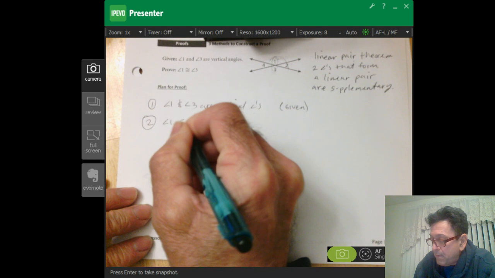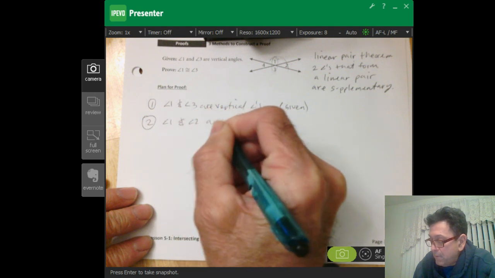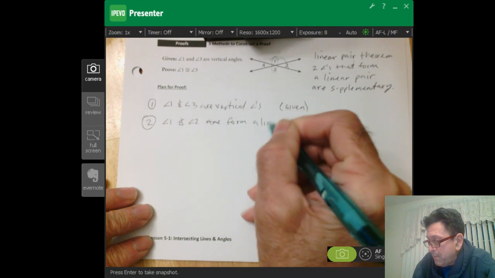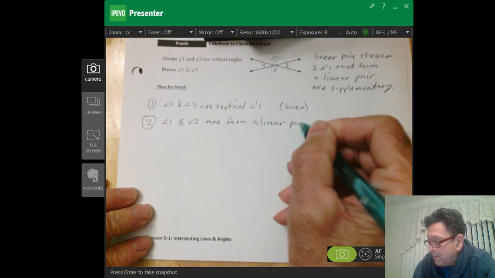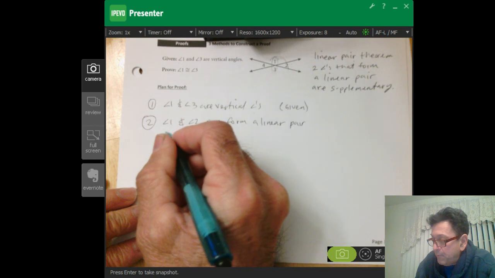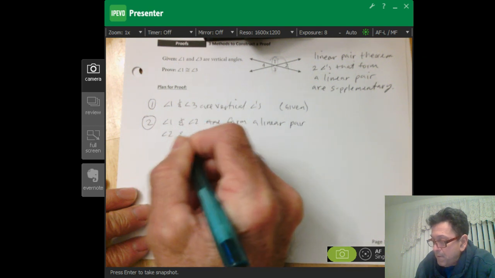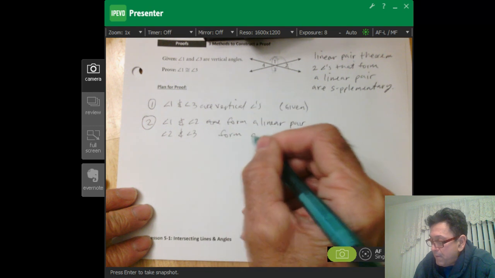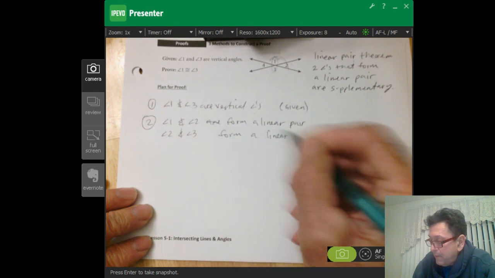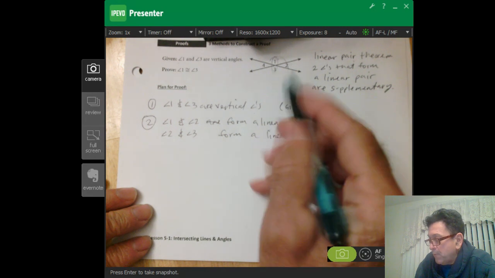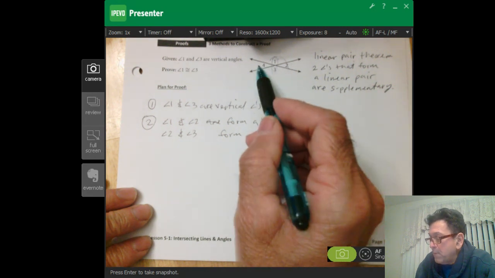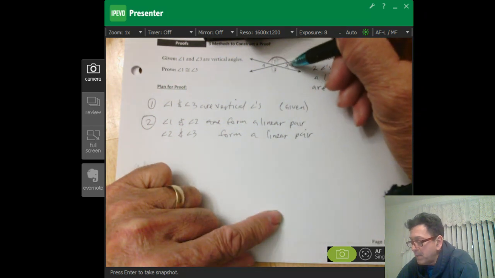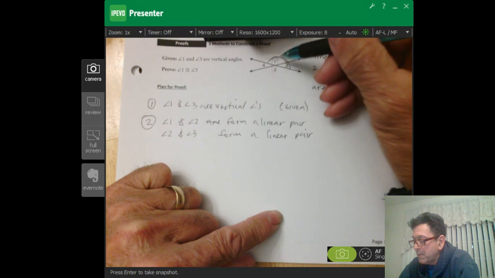So angle 1 and angle 2 form a linear pair. And the same thing is true for angle 2 and angle 3. They also form a linear pair. Now, of course, we could go on with 3 and 4, but what I'm looking at is that we have angle 1 and angle 2.